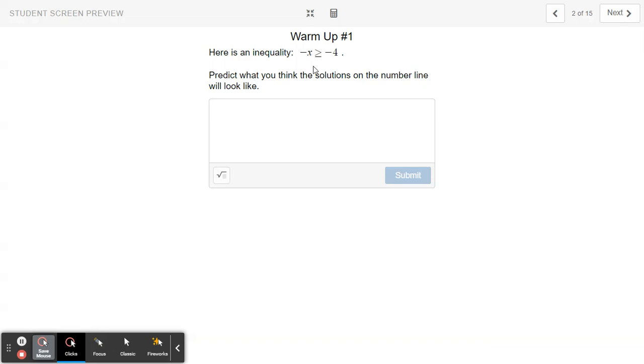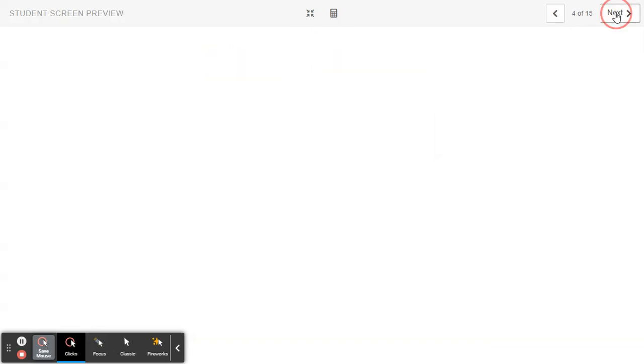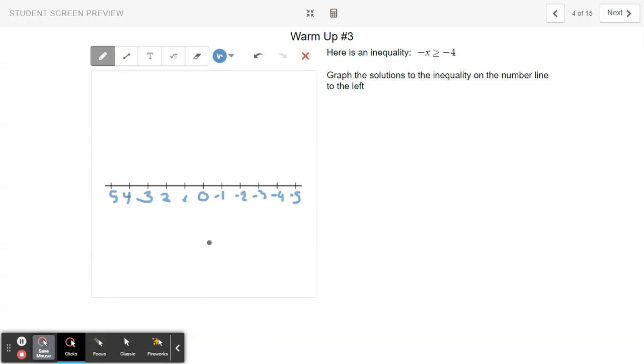All right. Let's even think about 5. Let's put in positive 5. If we put a 5 in here, it would say negative 5 is greater than or equal to negative 4. And that's not true because remember, negative 5 is actually lower on the number line than negative 4. So when we look at the solutions here, we know that if the number is equal to 4 or less, it's going to make this true.